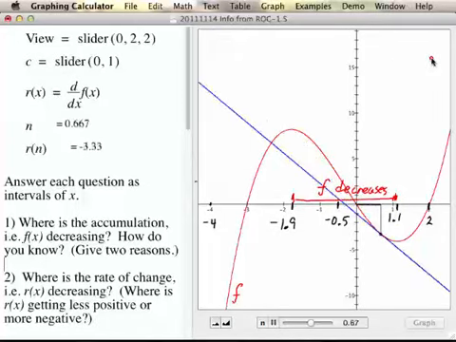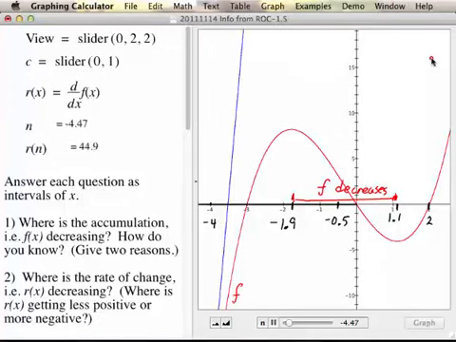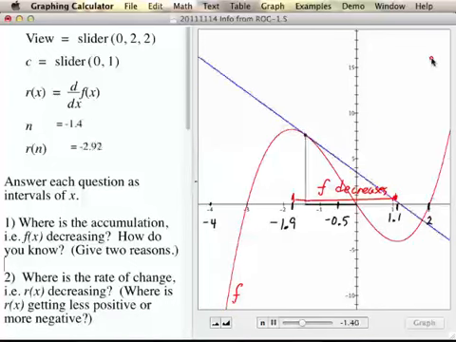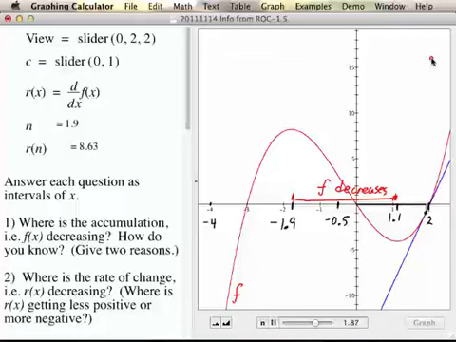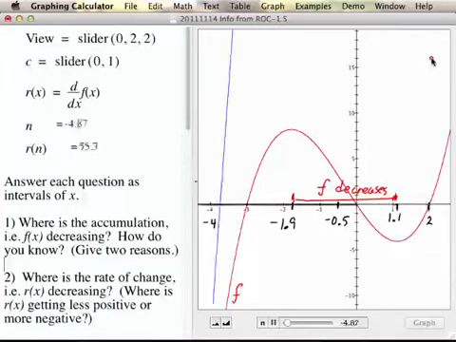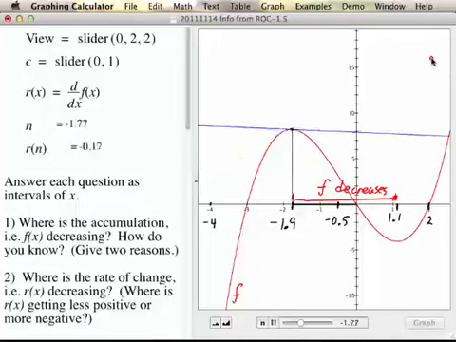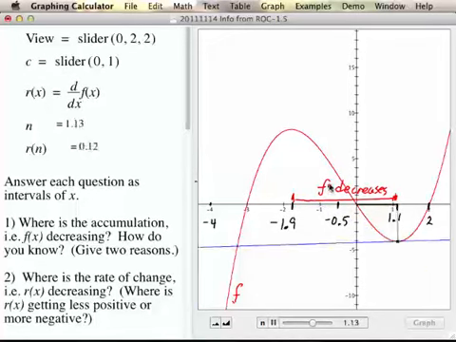More negative. 0 to 1. Yeah, it kind of tilts. Maybe a little less.